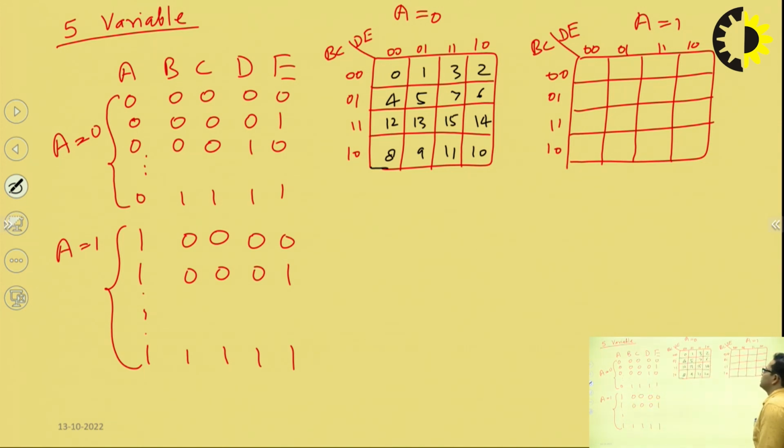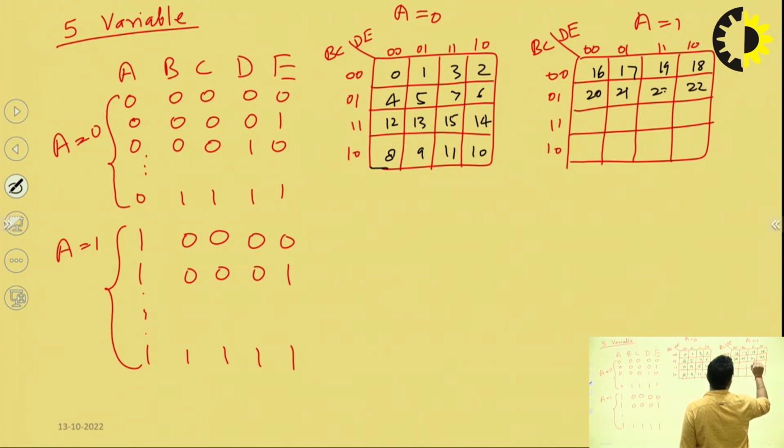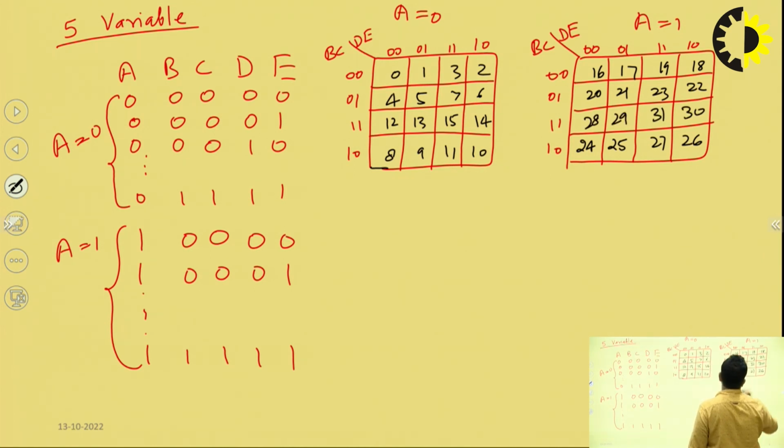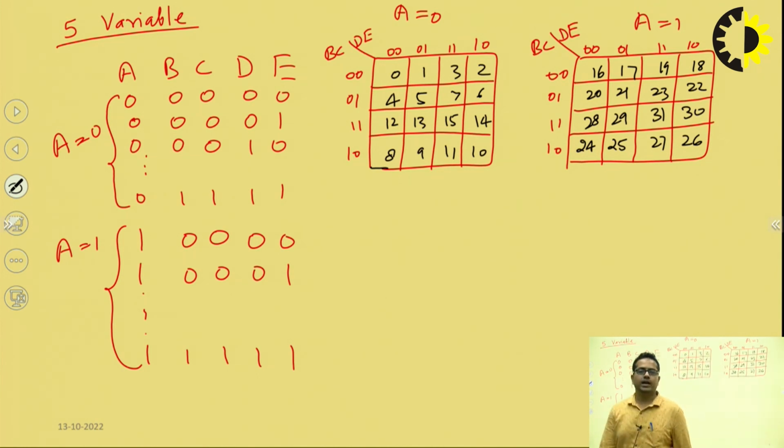Now the remaining 16 combinations will move on this side. So it is 16, and this one. So in this way we have to fill each and every cell of a K map.